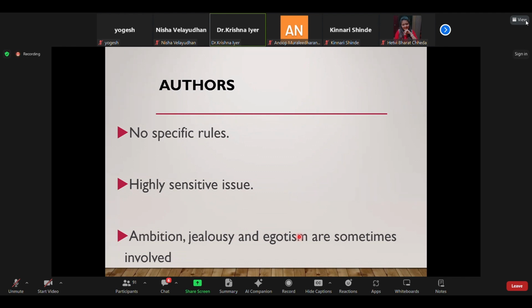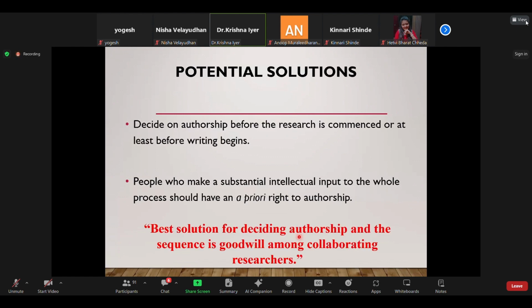Okay. And sometimes this can get very, very tricky. So the solution is that you decide on the authorship many times before you even start the research, or at least before you start writing the paper. The general rule is that people who make a substantial intellectual input to the whole process should have a priori right to authorship.